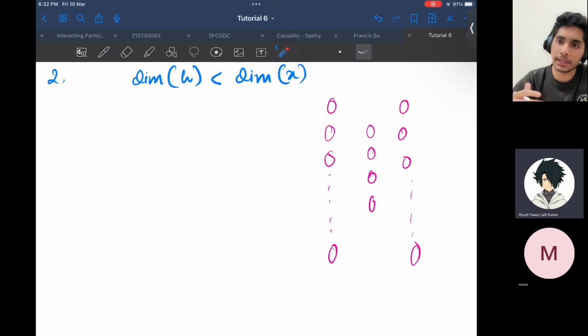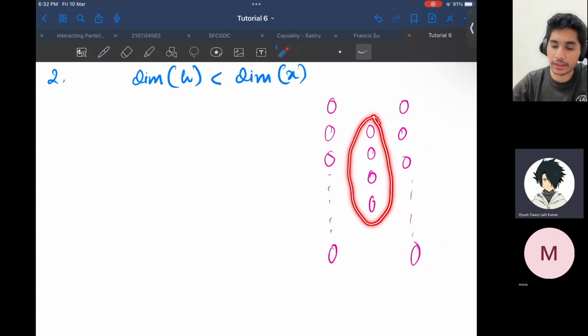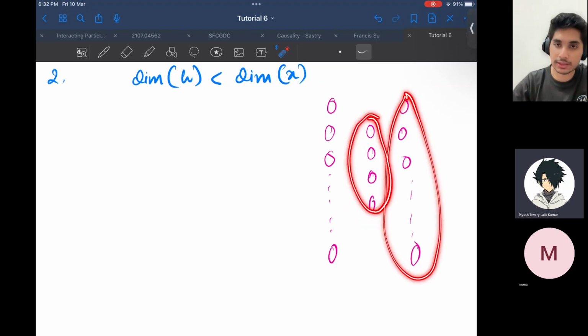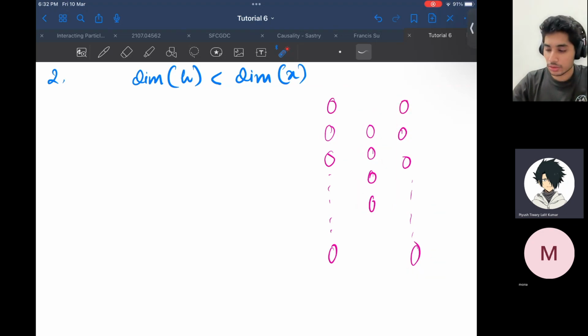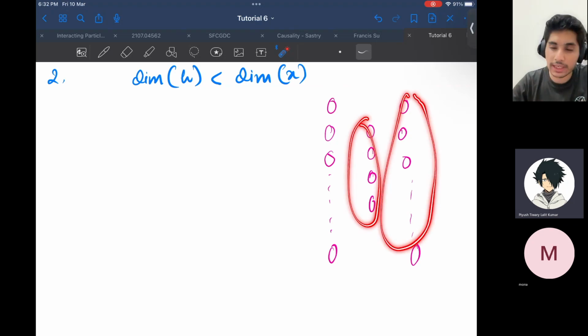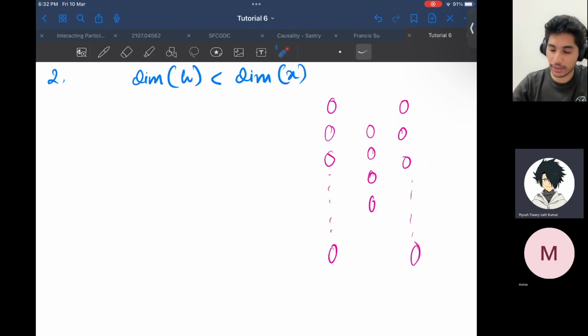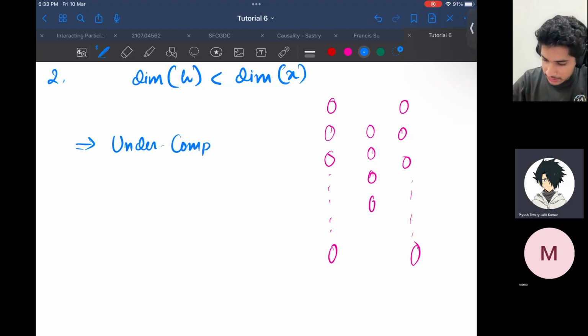Hence it is called undercomplete, because sufficient information might not be present here to reconstruct what is to be obtained here. Since we have less information here and we want to create something which has a higher dimension here, it is called an undercomplete autoencoder, right? So this will come under the category of undercomplete autoencoder.